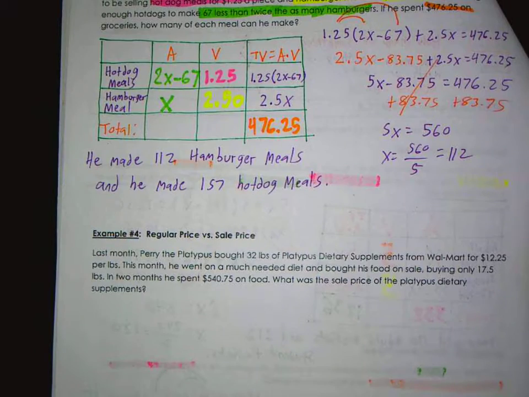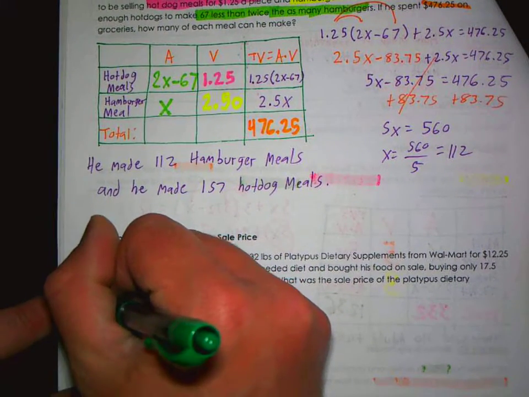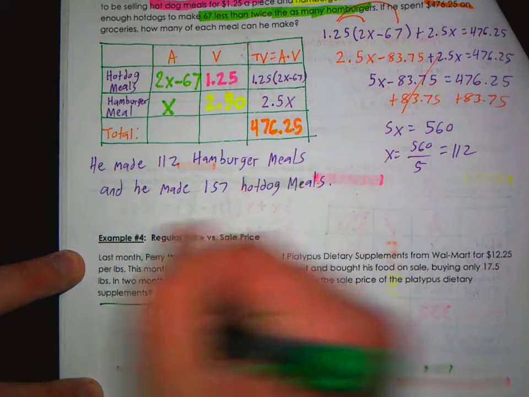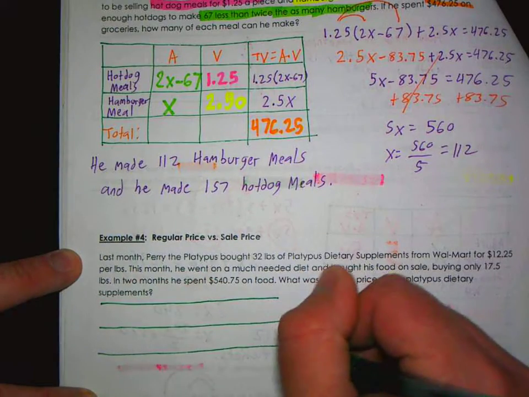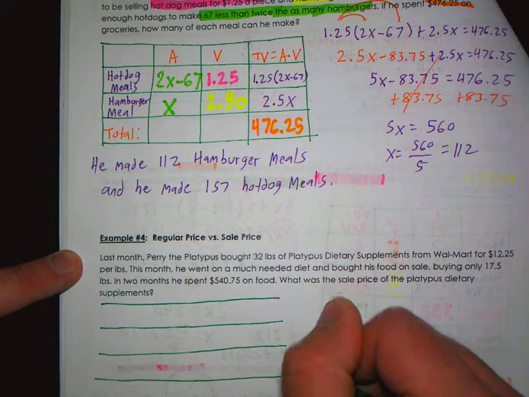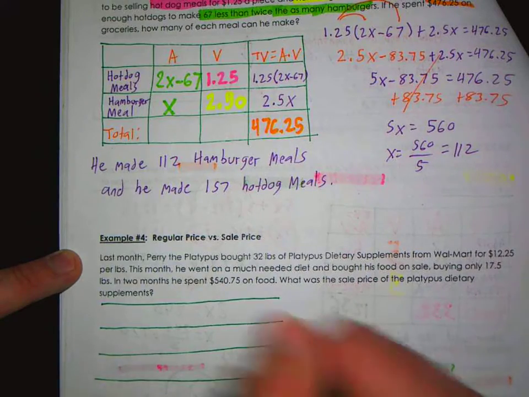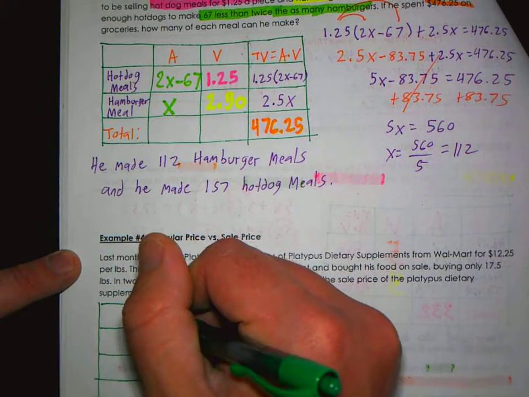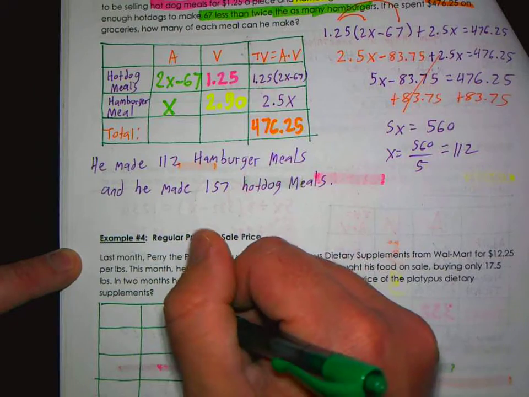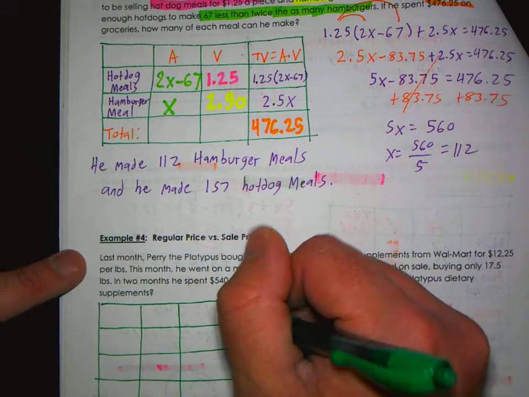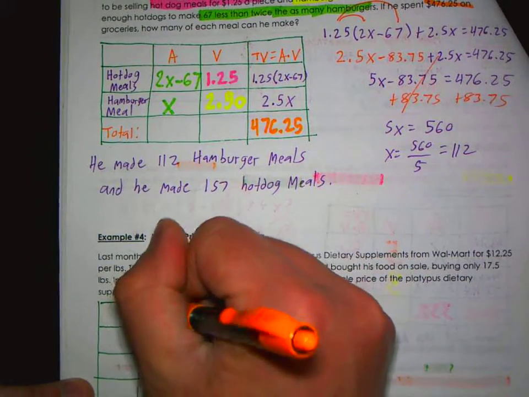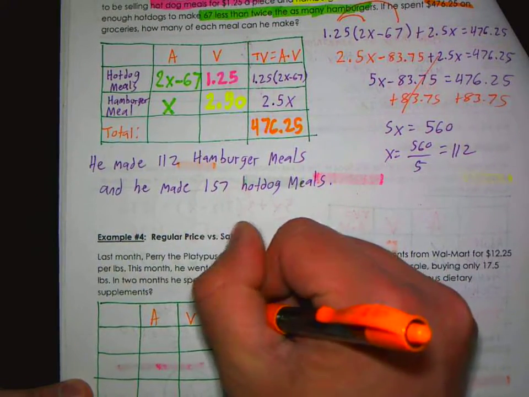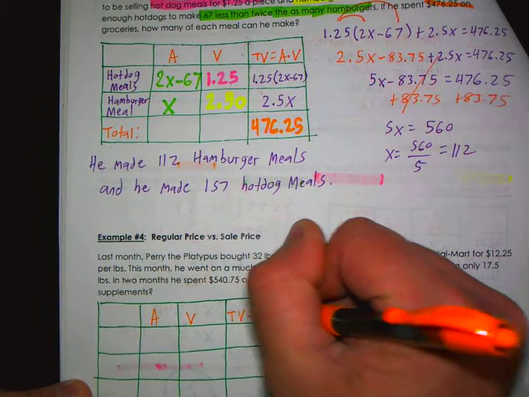Example today, I would start off by making a table. This is A, this is V, this is your total value, this is your total.